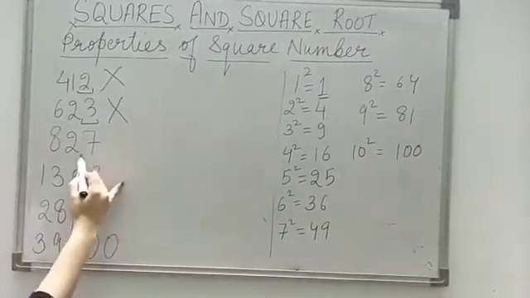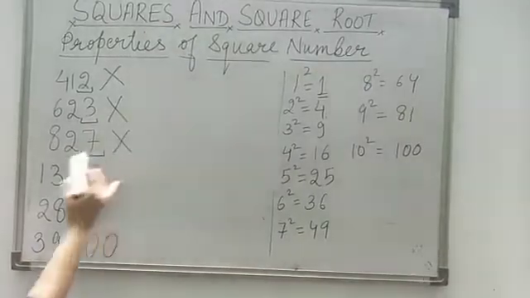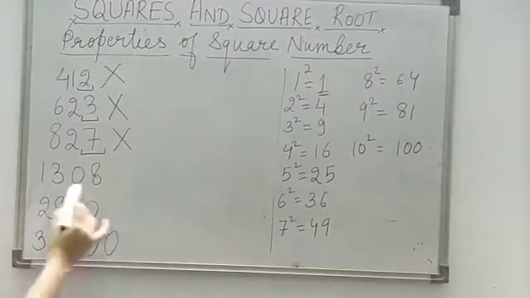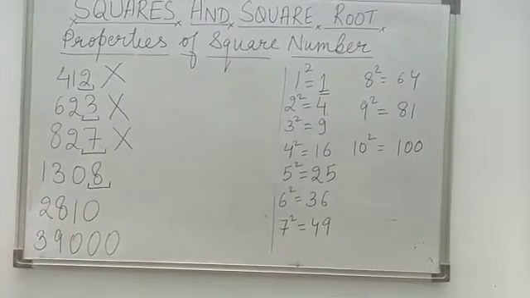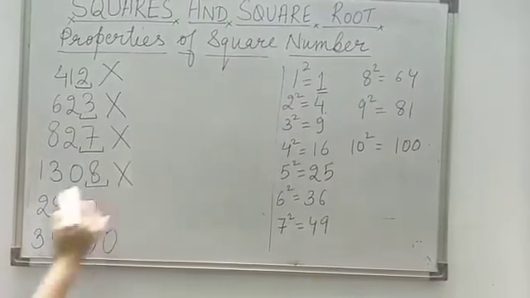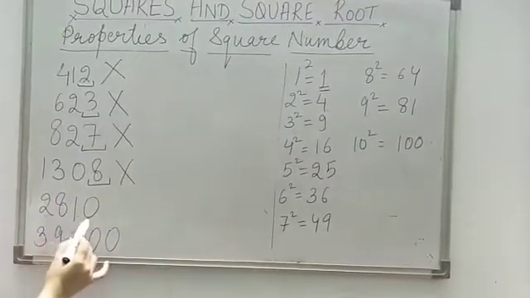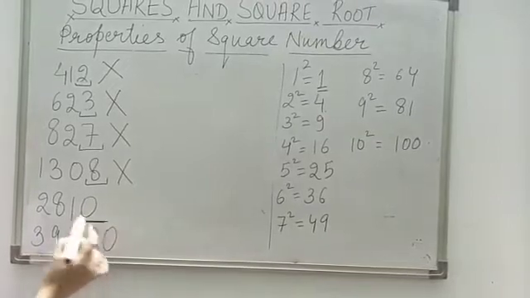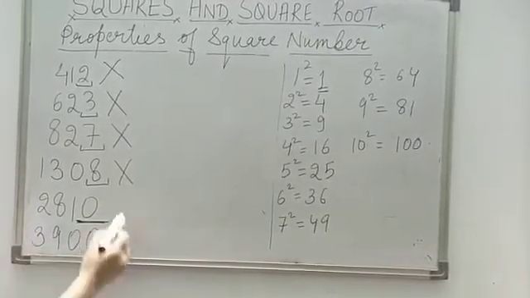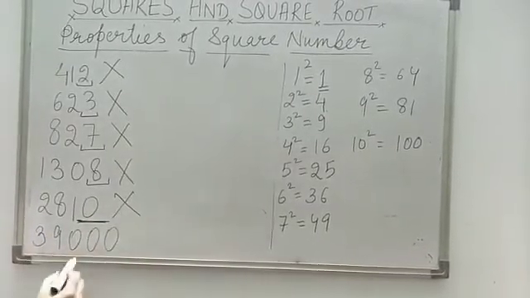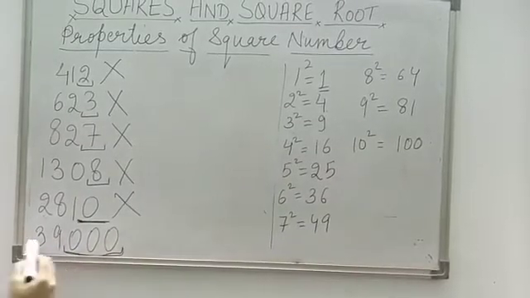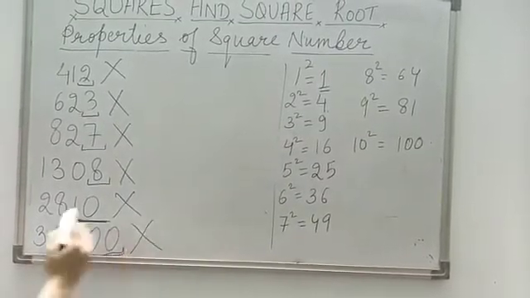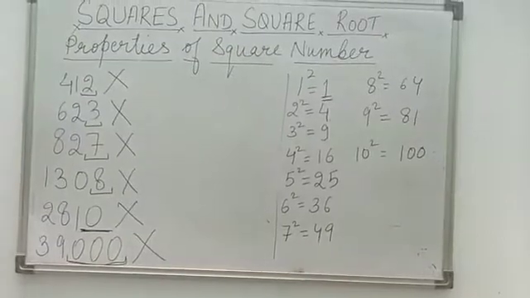Here the unit digit is 7. That means it is not a perfect square. 1308. Observe the unit digit is 8. It is not a perfect square. 2810. Only one 0 is there, an odd number, so it is not a perfect square. Here also observe 30. 30 has an odd number of zeros, so it is not a perfect square.